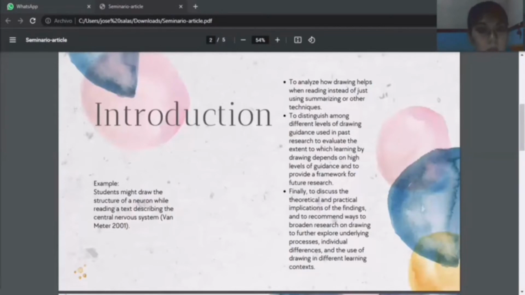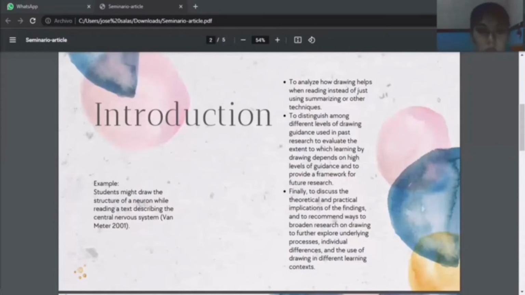And we also have the purpose of the research. Basically, the purpose is to analyze how drawing helps when reading instead of just using summarizing or other techniques. Also, to distinguish among different levels of drawing guidance used in past research to evaluate the extent to which learning by drawing depends on high levels of guidance and to provide a framework for future research.